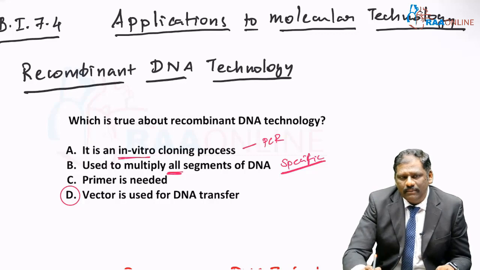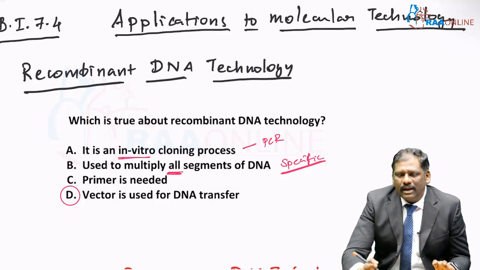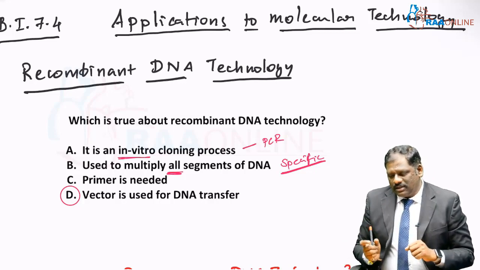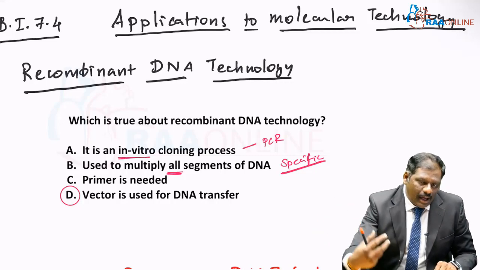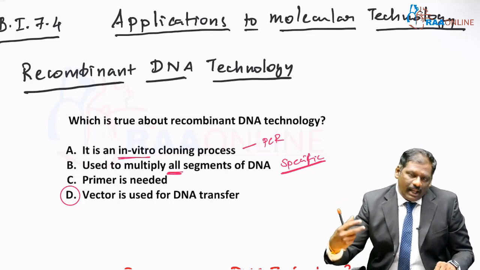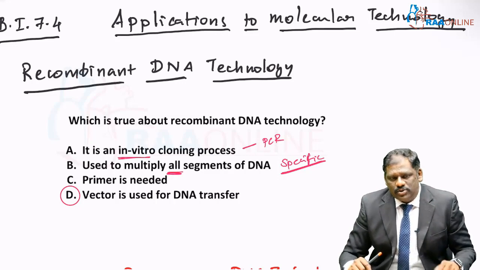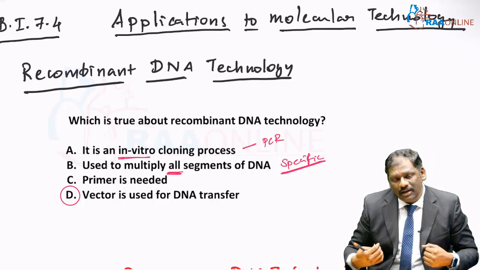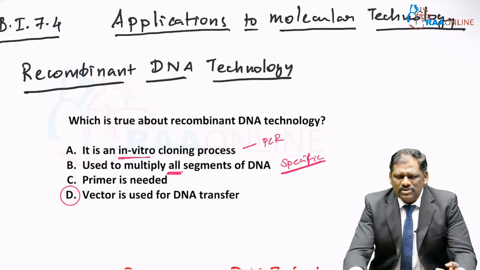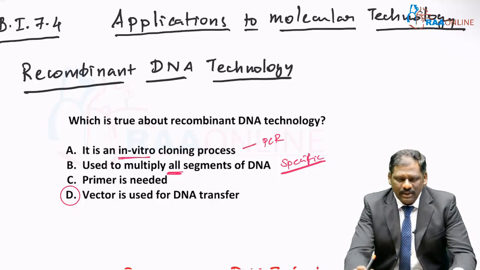There is no point in multiplying all the segments of DNA, because what we are doing in recombinant DNA technology is incorporating a part of our eukaryotic genome into a prokaryotic DNA, and after that trying to multiply that. So there is no point in multiplying all the segments of eukaryotic DNA in a prokaryote. You are multiplying only the specific segments of DNA.